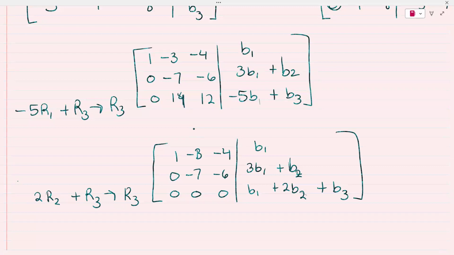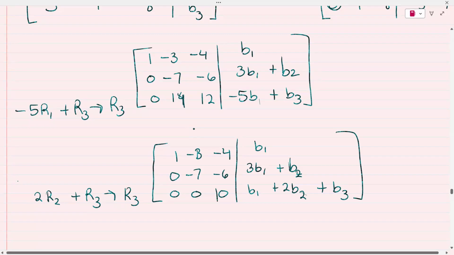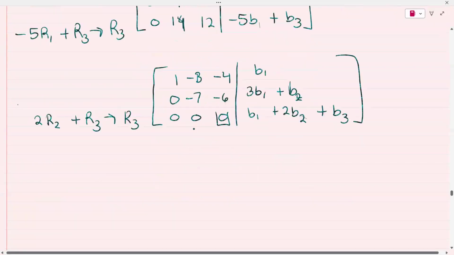So you could stop here because this is a false statement. 0 does not equal that. So 0 is not equal to B1 plus 2B2 plus B3. So this would be no solution.